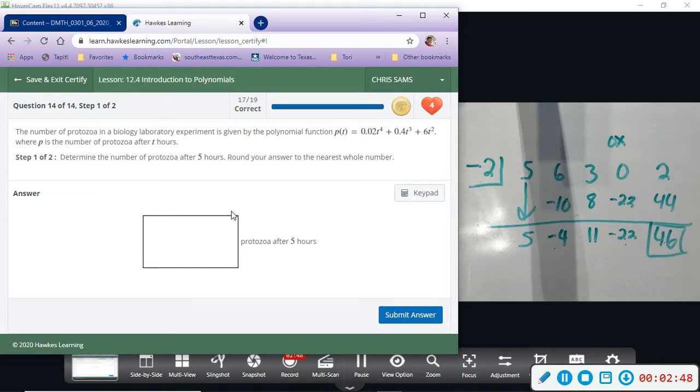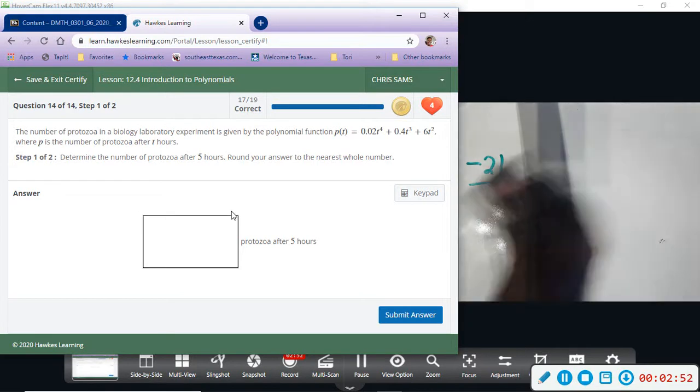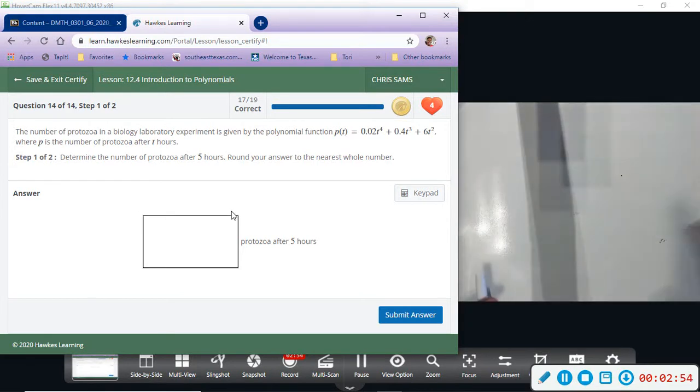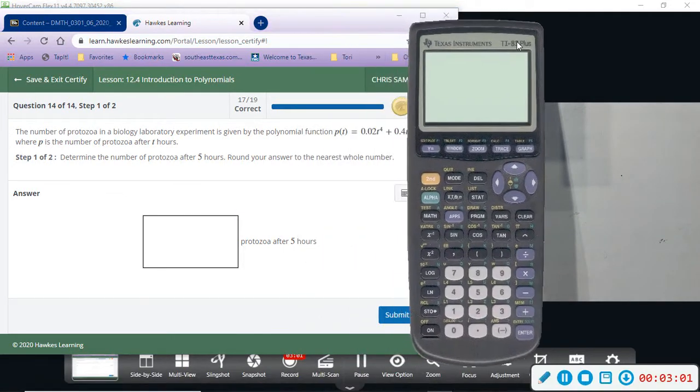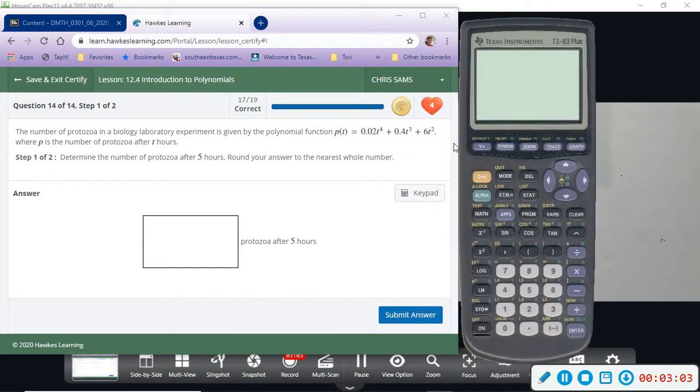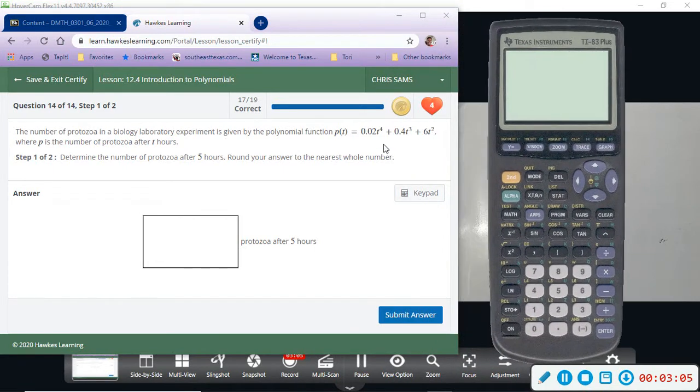Okay. So with the decimals, it might be better to just see it on the calculator. So let's use that method. We're going to pull up our calculator, and we're going to input this equation. I don't think we're missing anything. Okay. Turn it on, y equal. Clear out what we have, and we're going to do 0.02x.